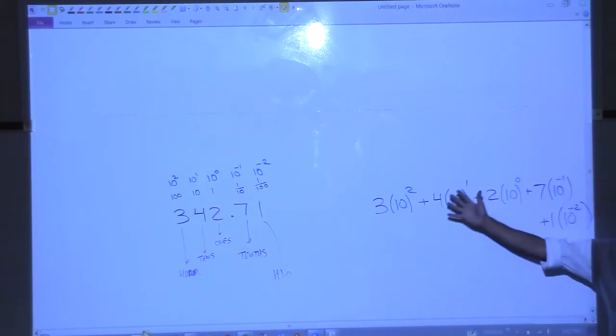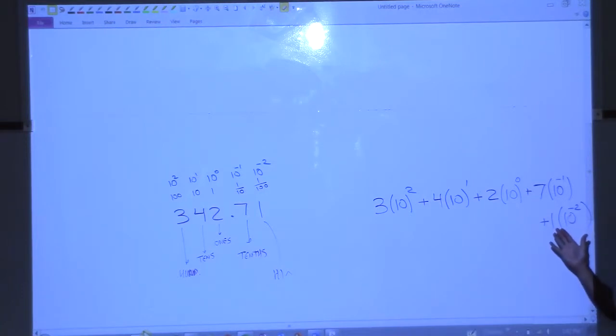This is a very ugly way of writing the number 342.71, right?